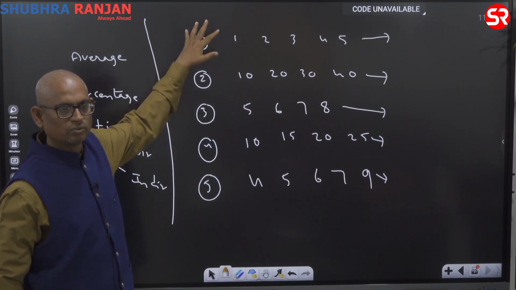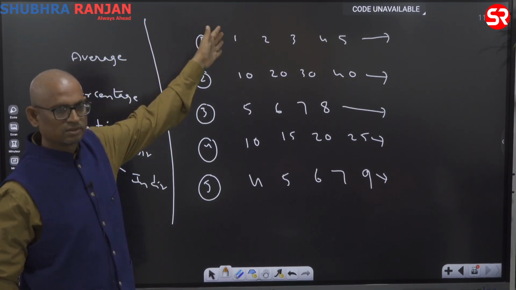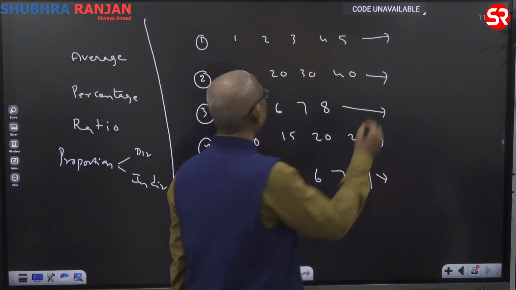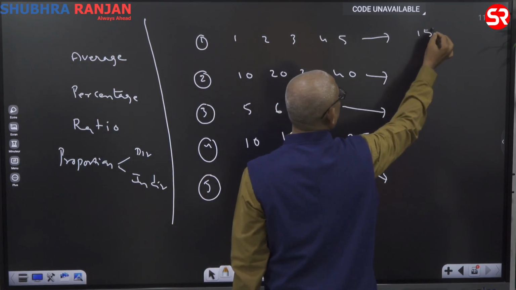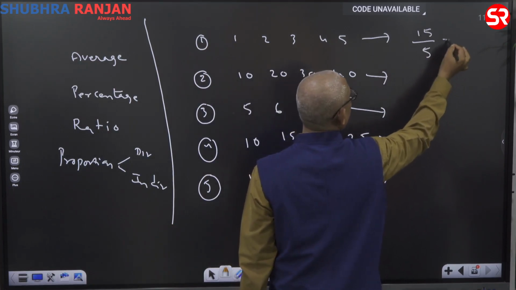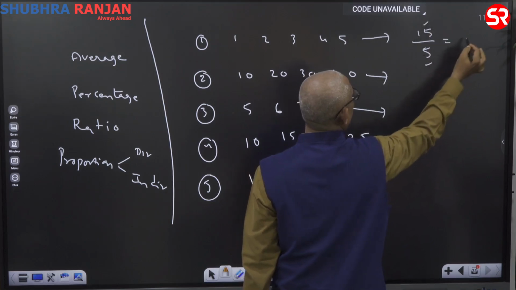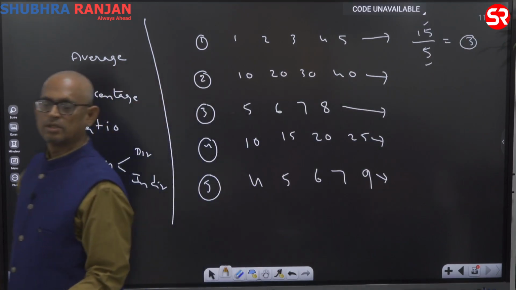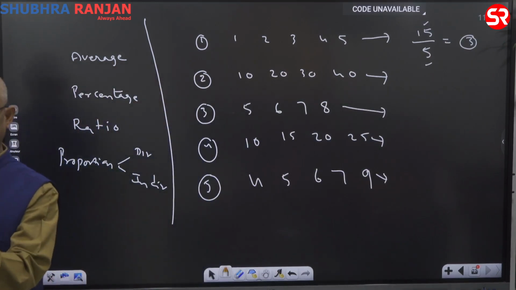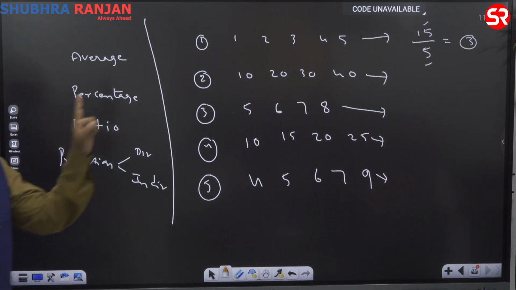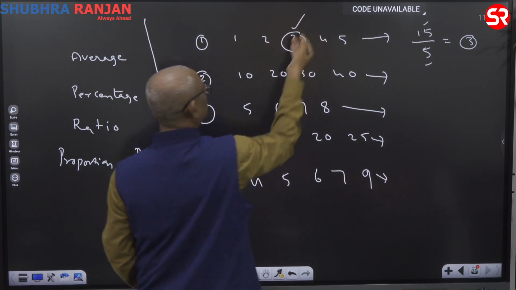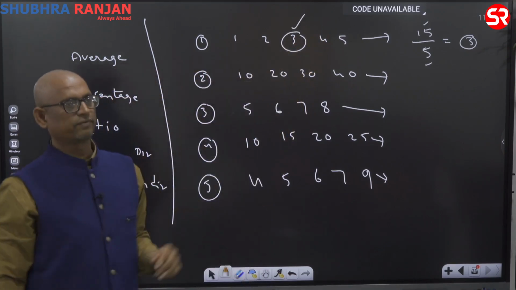How much is it? 15 by 5. Why? Because sum of the numbers by number of numbers. So the answer is 3. My question is, you are getting the answer 3, na? So 3 is already there in the middle. So directly you can say 3 is the answer, na? What is the necessity of doing all the stuff?